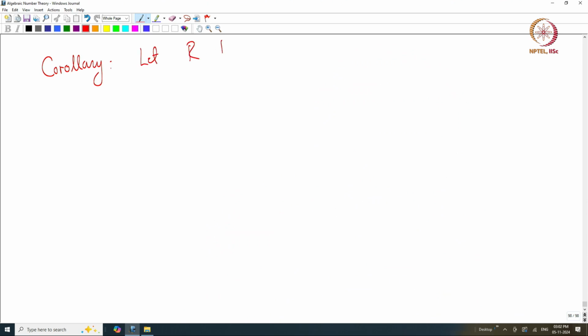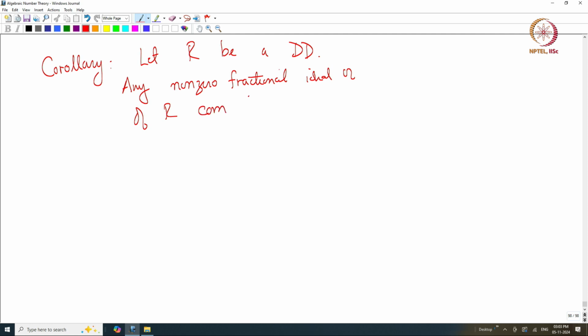Let R be a Dedekind domain. Any non-zero fractional ideal A of R can be written as A is P1 up to Pm over Q1 up to Qn, where the Pi's and Qj's are prime ideals.